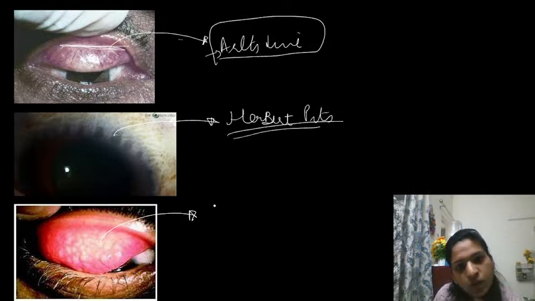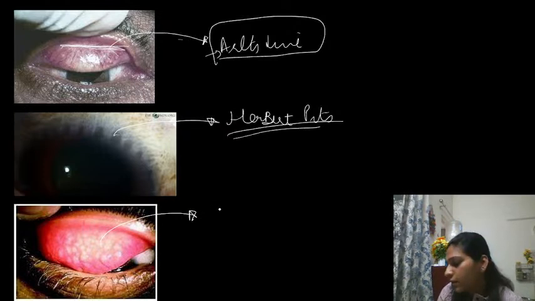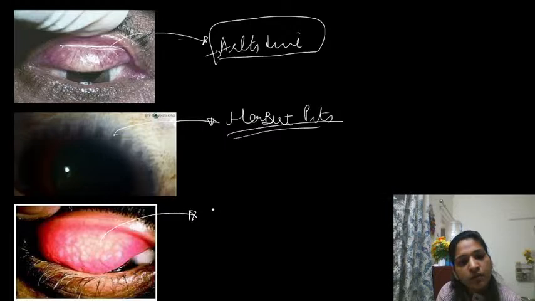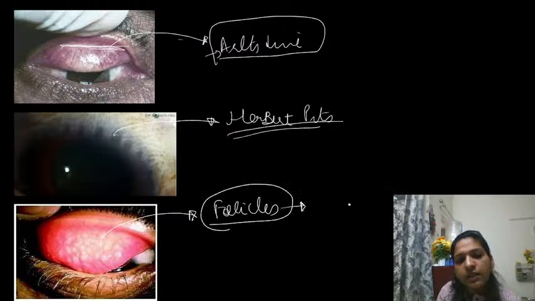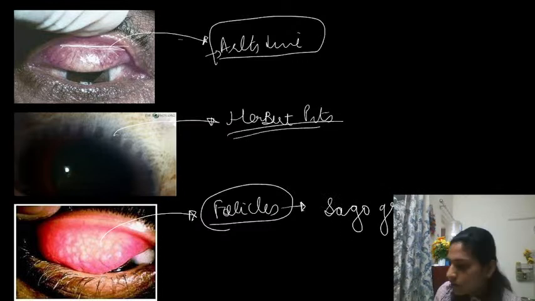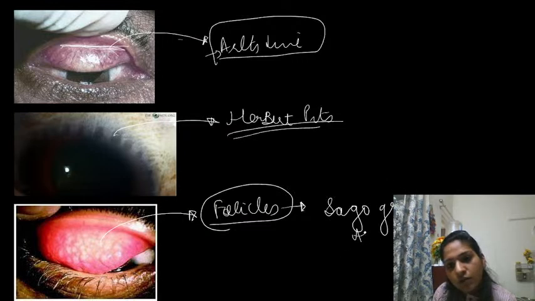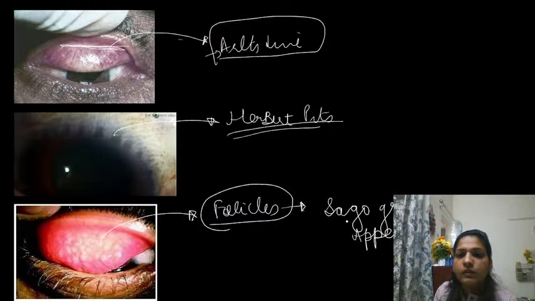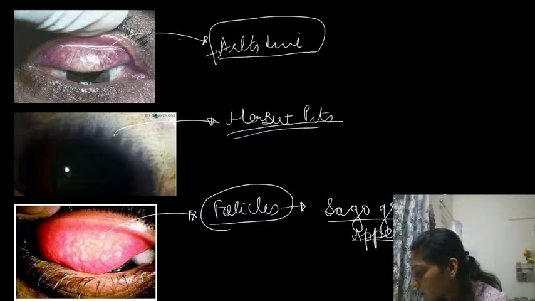The follicles in trachoma have a characteristic appearance. They have a sago grain appearance.